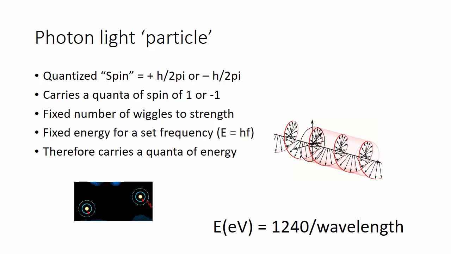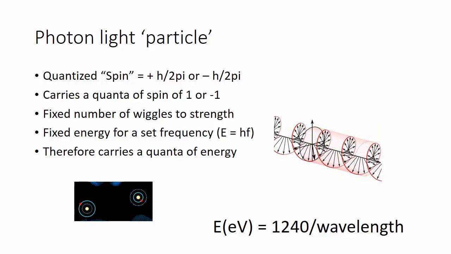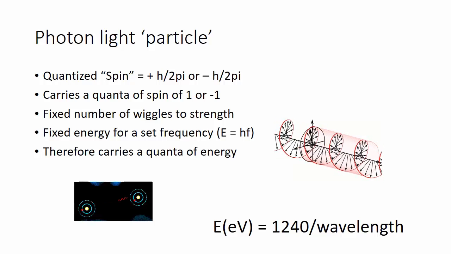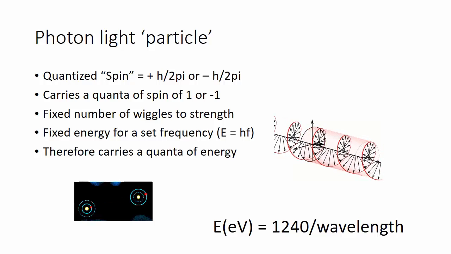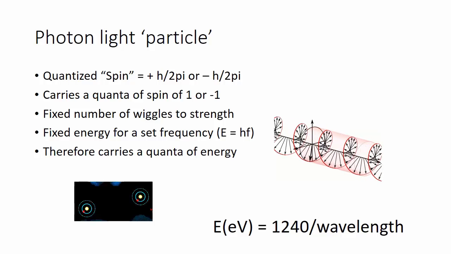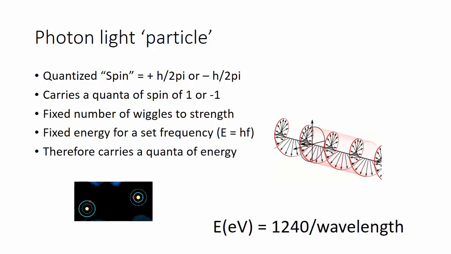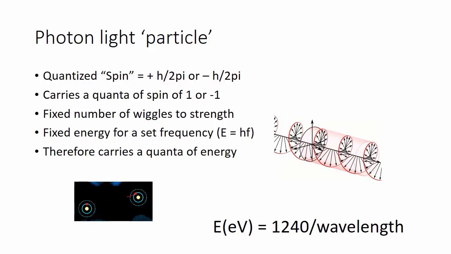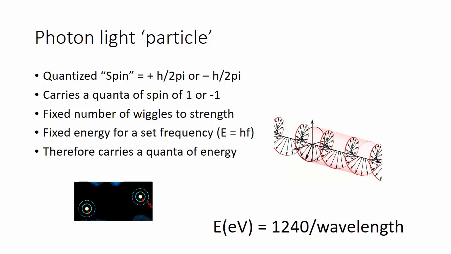Now, if you look at the set number of wiggles and ask how much energy is there, the energy is proportional per wiggle to the frequency. So that's how quickly it wiggles.